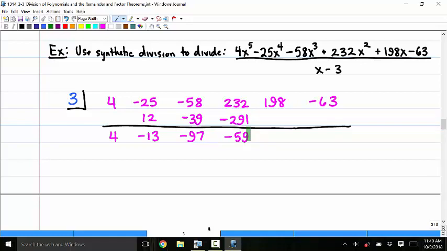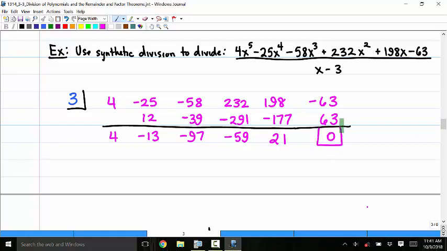Negative 59 times 3 is negative 177. 198 plus negative 177 is 21. 21 times 3 is 63. Negative 63 plus 63 is 0.